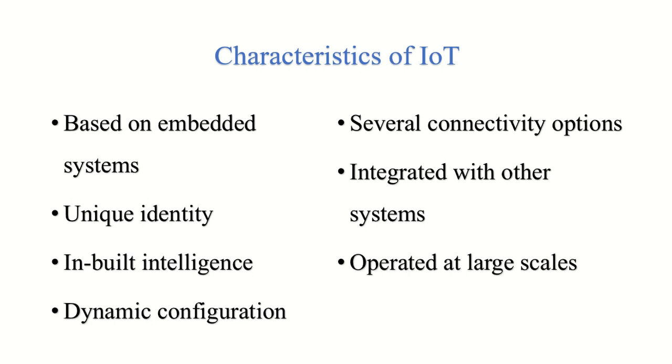Then we have the several connectivity options. You all must have heard about 2G, 3G, 4G, 5G, LTE, VoLTE, lot of things. So IoT devices will support all these kind of network connectivity options that you could use based on your environment. Right now, the 4G and 5G are in use. 5G, as I'm speaking in 2022, is still work in progress.